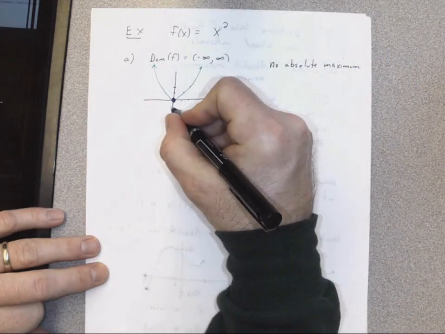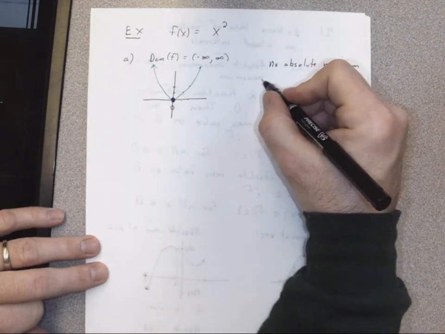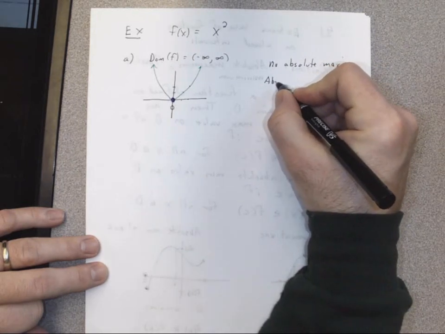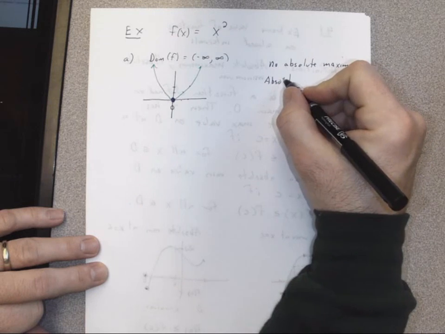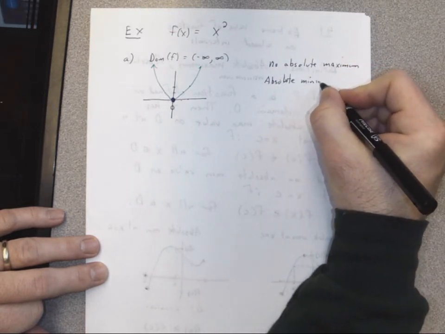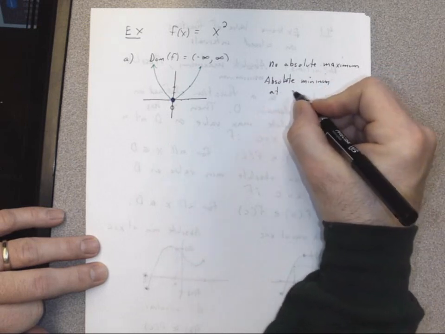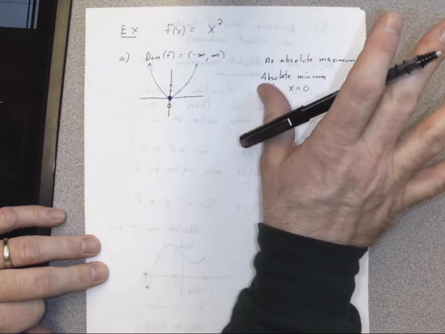So we can see at x equals 0. So I'd say this has an absolute minimum at x equals 0. And again, the reason is it doesn't need to be shown.